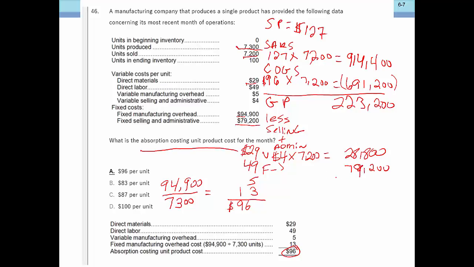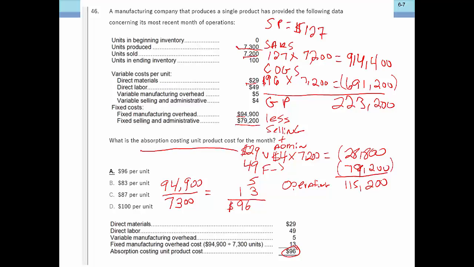You take those off, and that means that my operating income is how much? 115,200. Okay, good.